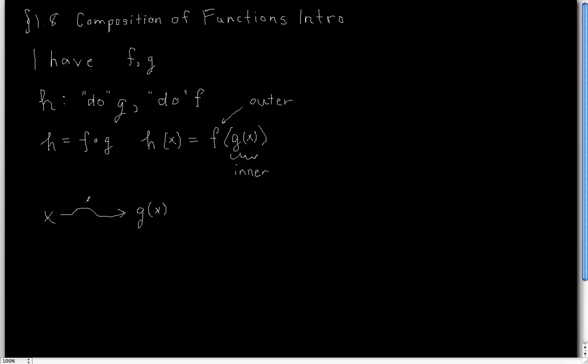And what is this process called? This arrow that I put here, this process is called g. It's called the function g. And then I want to do whatever f does to it. So if this is taken somewhere by f, what I end up with is f applied to this number right here. So I end up with f of g of x.